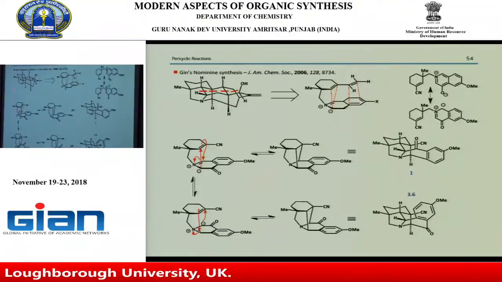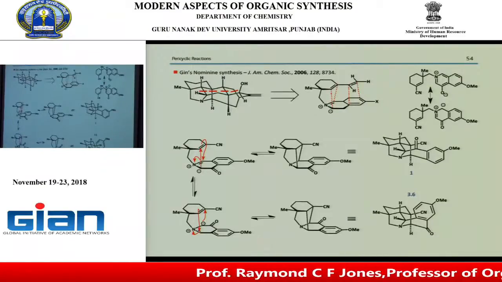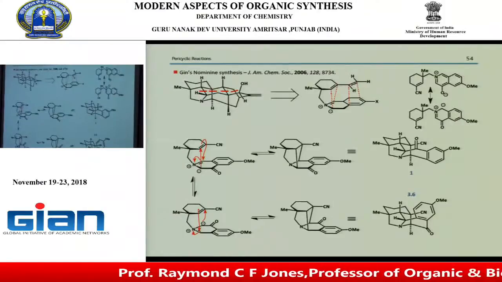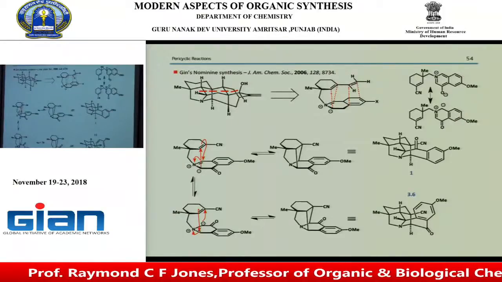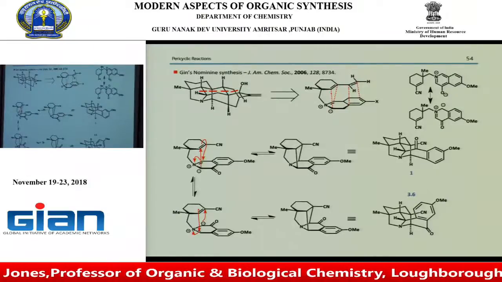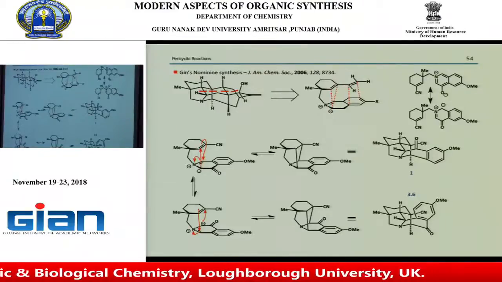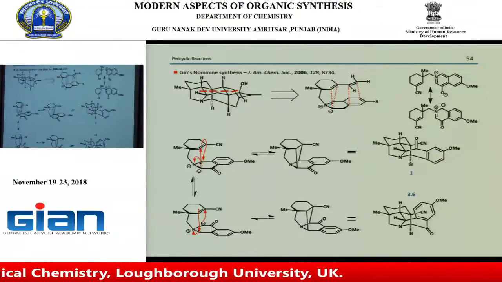This is, I suppose, an example of it in the dipolar case, because with all the heteroatoms and different substituents, it's a much less clear picture than it is with the Diels-Alder reaction. But nevertheless, you can find many examples of dipolar cycloadditions, and you can use them in many cases in natural product synthesis. So that's the end of that session.